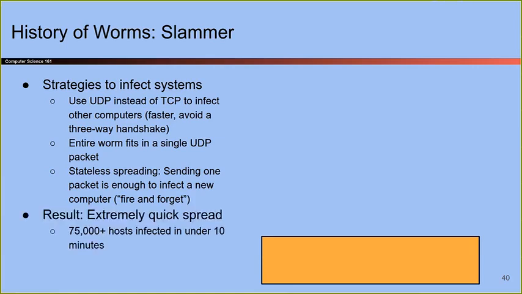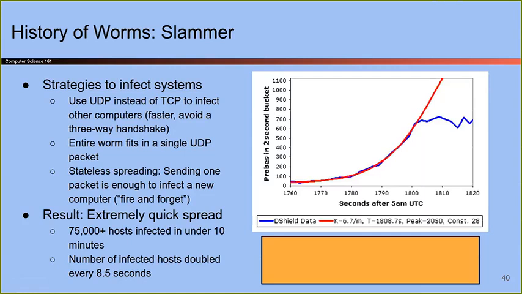And we're talking like in 10 minutes, they hit 75,000 computers. But we're talking like every 10 seconds, the number of hosts doubled. So this is just ridiculous, mind-bendingly fast. This got so fast that it stopped the logistic curve. So remember, logistic curve says you go up till the capacity, which is above this, and then it flattens out. But in this case, before it got to the capacity, it already started flattening out.